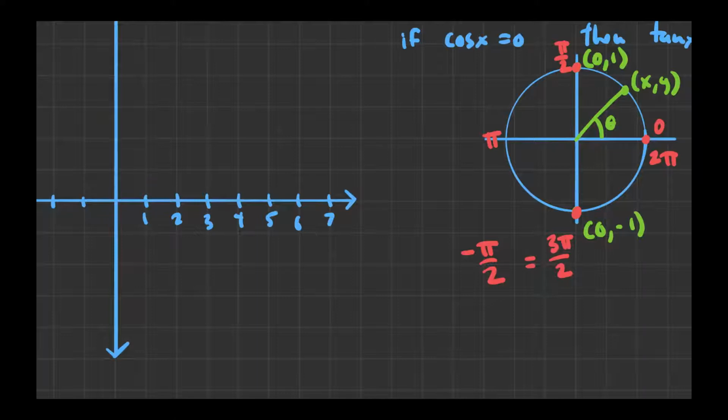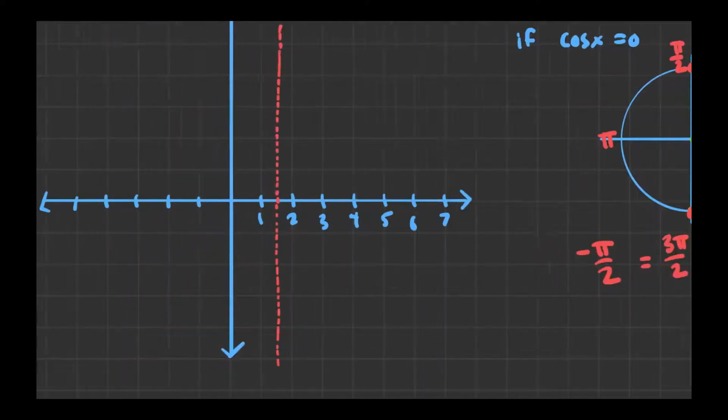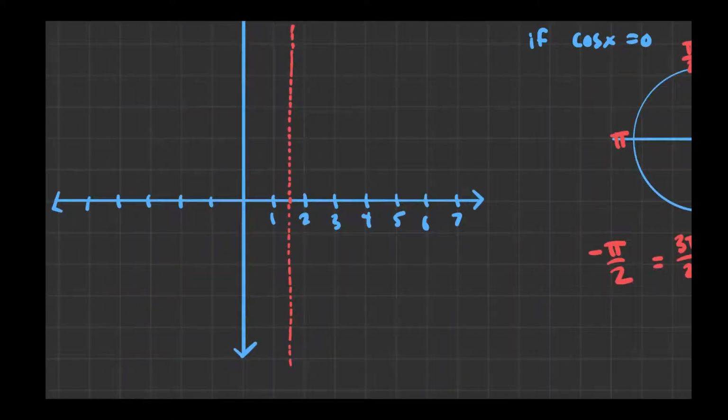Let's call it 1.6. So right around here, we have a vertical asymptote. This means that in the function tan of x, x is not allowed to be equal to pi over 2.